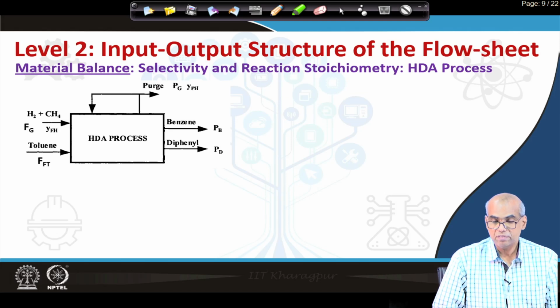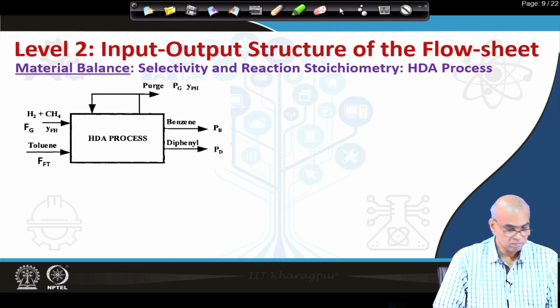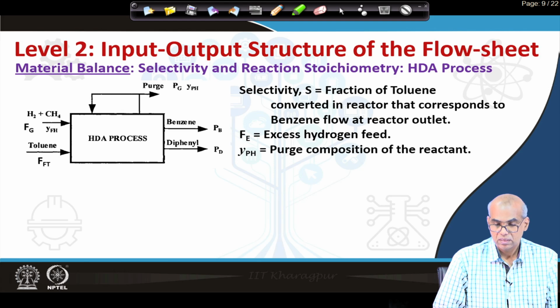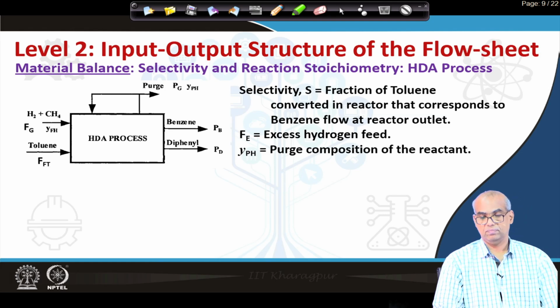First, look at selectivity and reaction stoichiometry. We are taking the hydrodealkylation of toluene as an example. So, look at the flow sheet. The flows are indicated and these are all in terms of moles per hour. Selectivity is the fraction of toluene converted in the reactor that corresponds to the benzene flow at the reactor outlet.